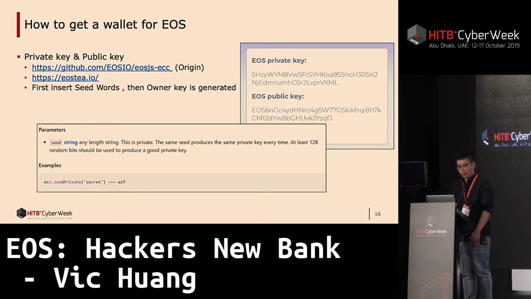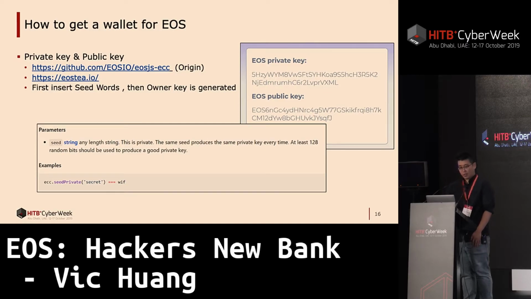If you use the generator with the correct seed word, like in MetaMask, you insert the seed word, and the generator will generate a key pair of private key and public key for you, and you can use it as your wallet.